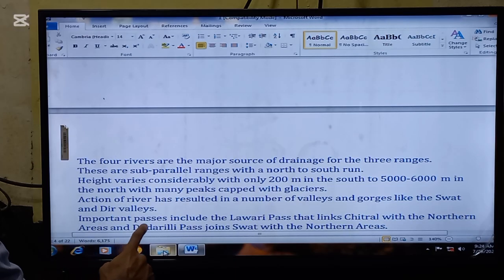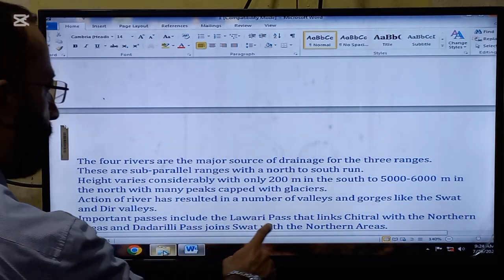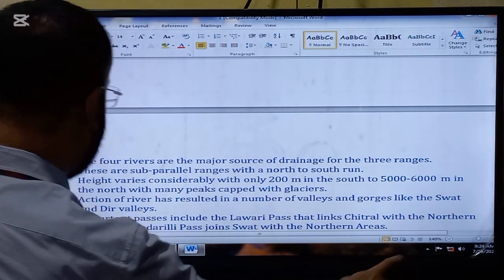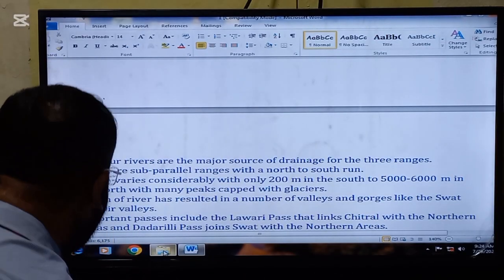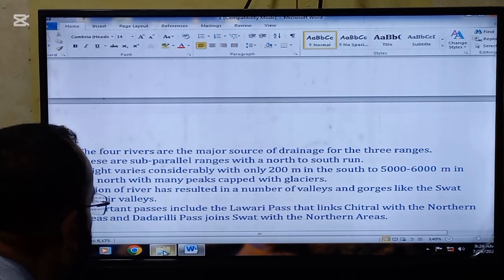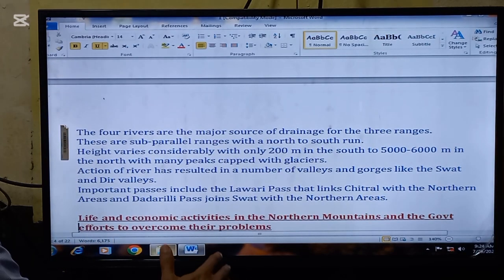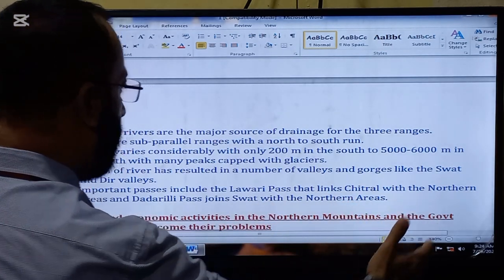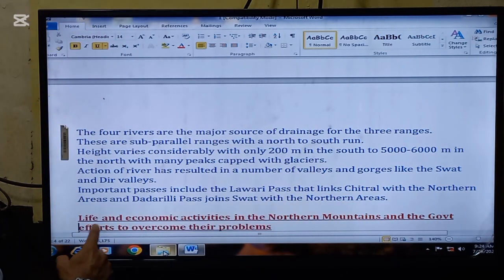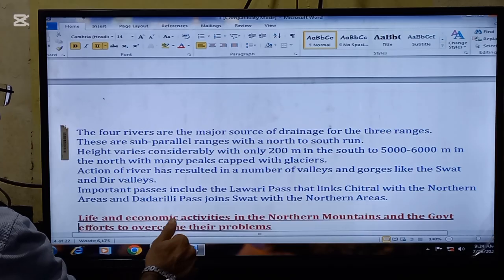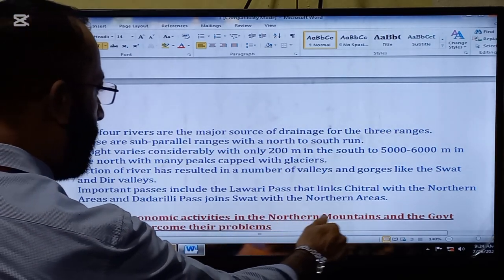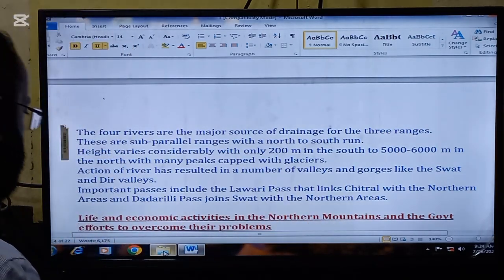Action of the rivers has resulted in a number of valleys and gorges like the Swat and Dir valleys. Important passes include the Swat Pass that links Chitral with the northern areas, and the Dadarili Pass joins Swat with the northern areas.